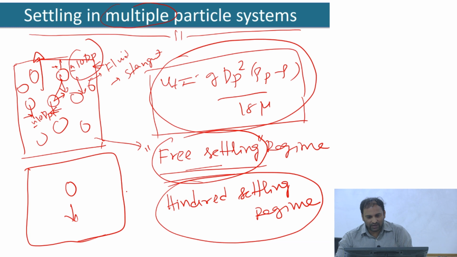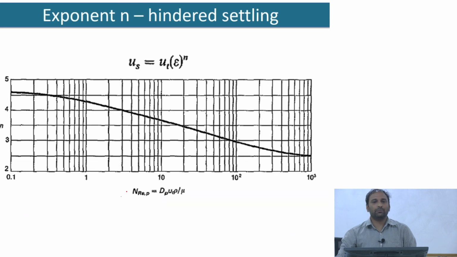And what people have done is come up with some very simple empirical relationships. What you're looking at here is U_S, the hindered settling velocity, that is the settling velocity in the multiple particle system.